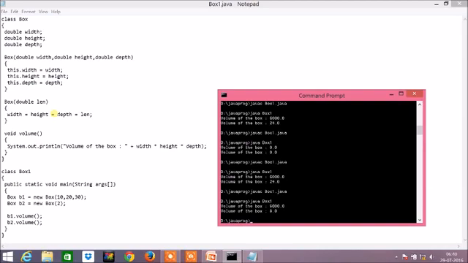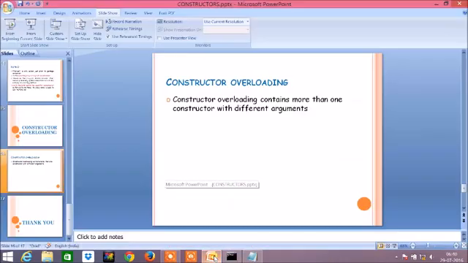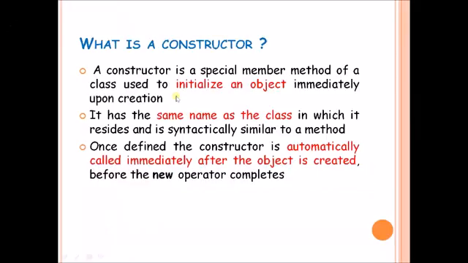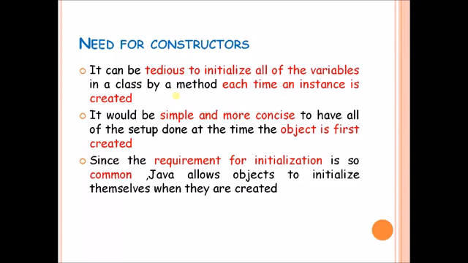So in this tutorial I'll just summarize. So first we saw what is a constructor. It is actually a special member method which is used to initialize an object immediately on creation. It has the same name as the class and it does not have any return type.